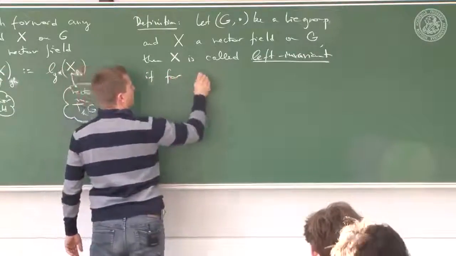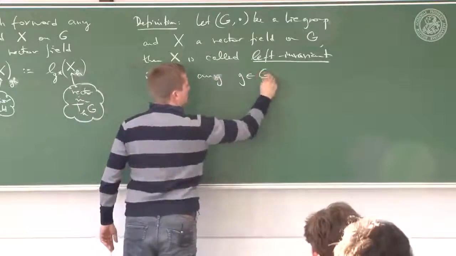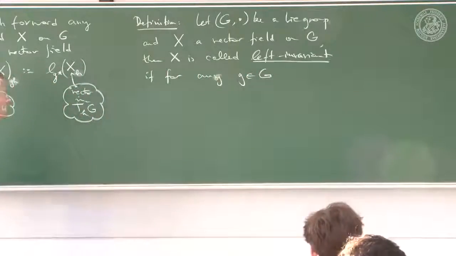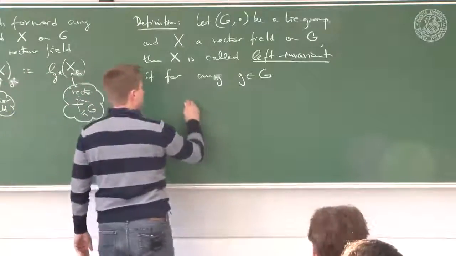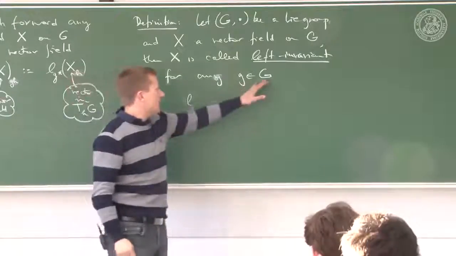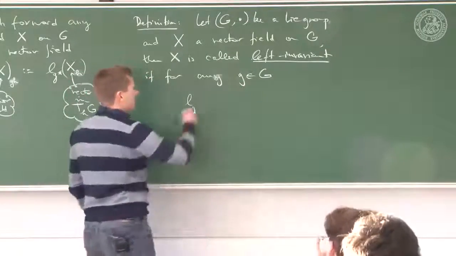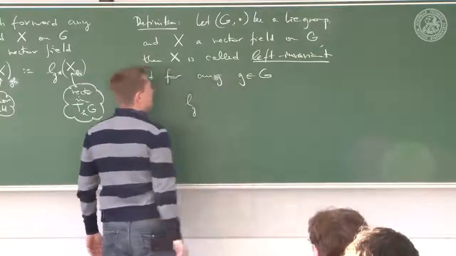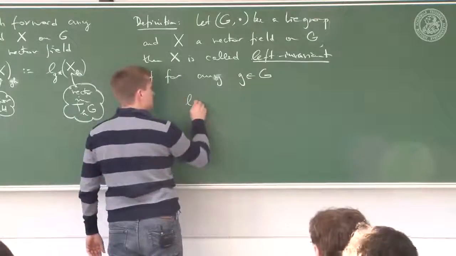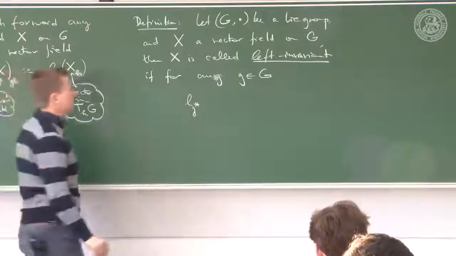if for any g in G that I choose, the action of L_g, which if it acted on an element in G, would just multiply it from the left by g, very trivial. But that's a smooth map, even a diffeomorphism from G to G. So I can actually apply the push forward that's associated with that.